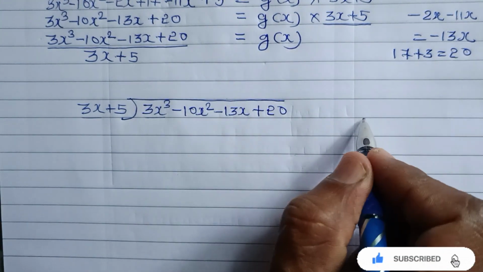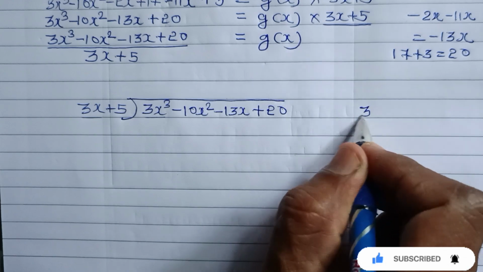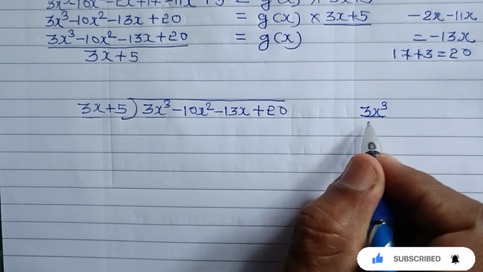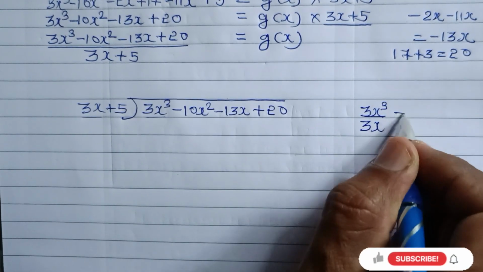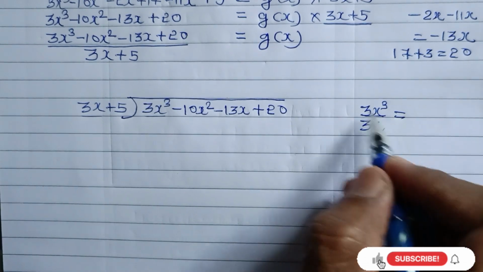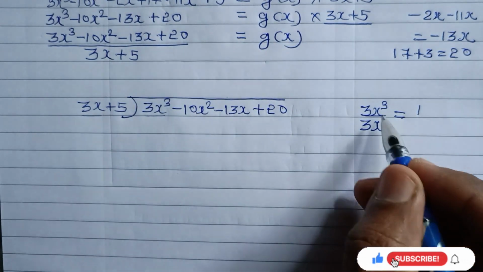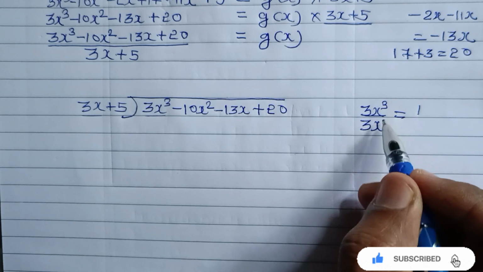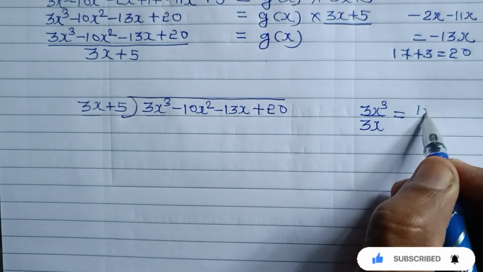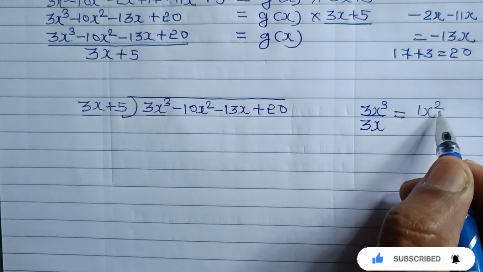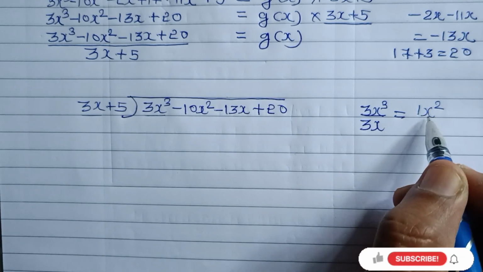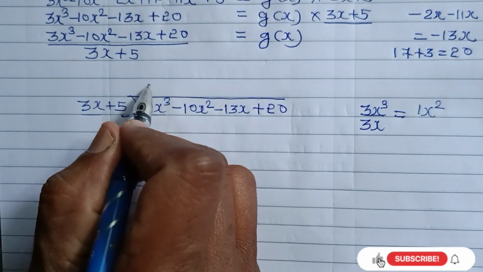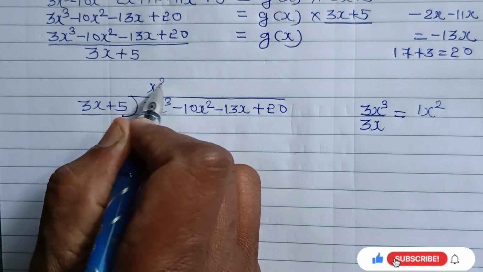So 3x cube divided by 3x. When you are dividing, 3 upon 3, the answer is 1. When you are dividing the terms, you have to subtract the degree. So 3 minus 1 is 2, therefore you have to write x square. So this is the first term of the quotient. So you have to write here plus 1x square.